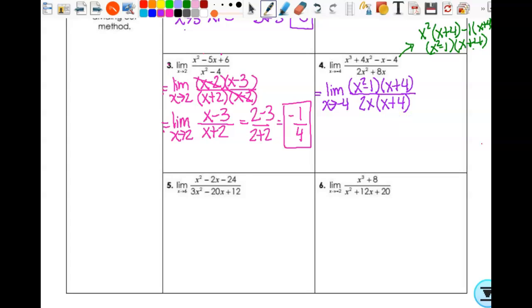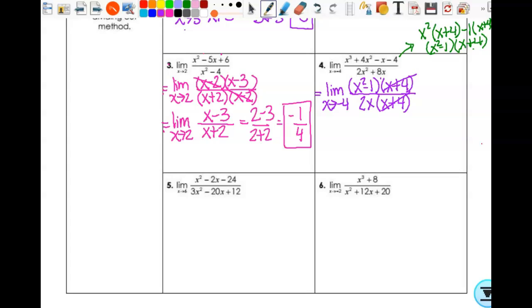Now, can I factor the numerator more? Yes, because I have difference of squares again. Does it look like I need to? No, because I can cancel this out, right? And I know that if I did factor this, it's not going to help me cancel that out, so there's no need to. If you do, that's fine. If you don't, that's fine. Because we're not factoring it because it says we have to factor. We're factoring it because we need to be able to reduce.